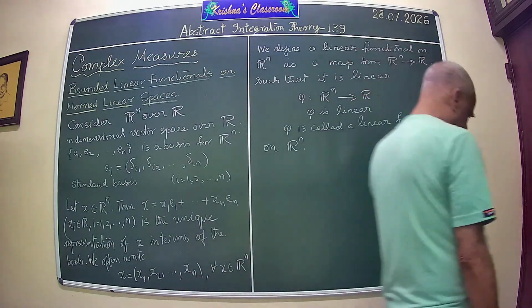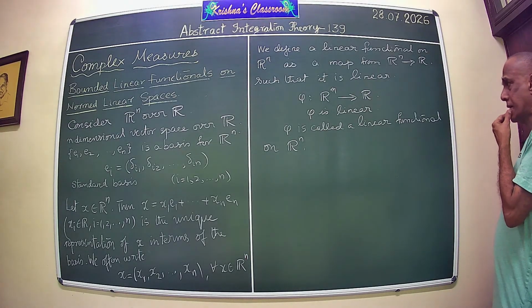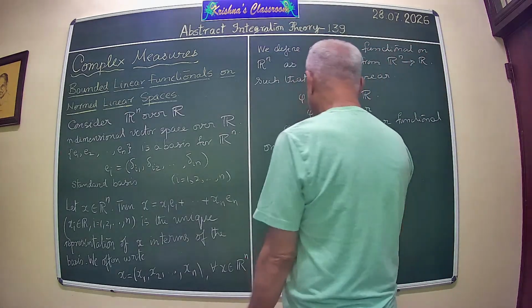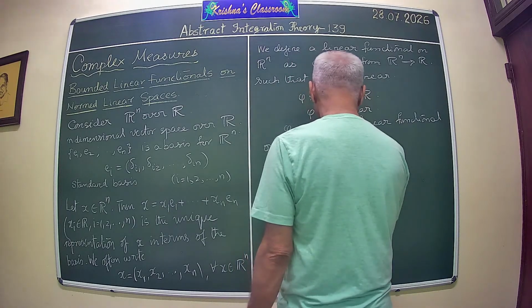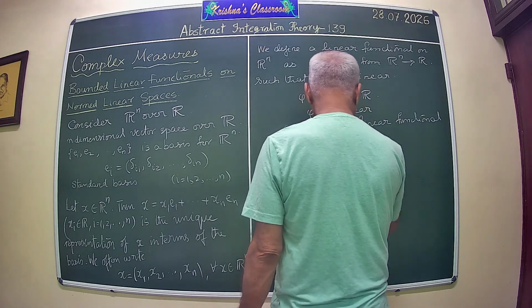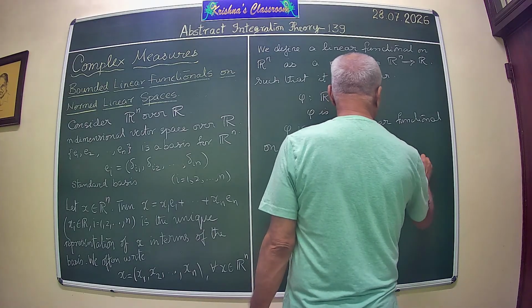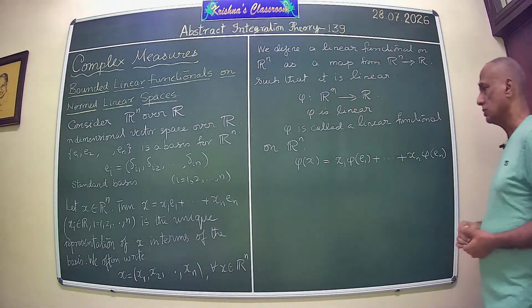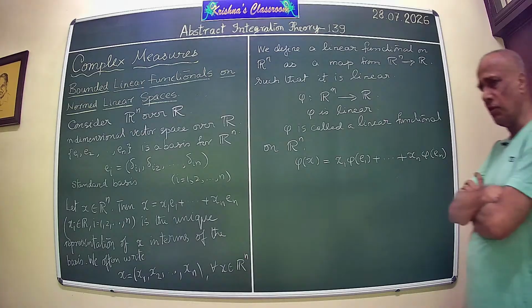Now one immediately sees, so what are the things you have? Now you see that phi of x is equal to x1 phi e1 plus etc. plus xn phi en.